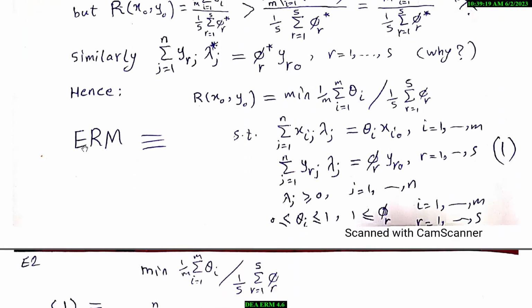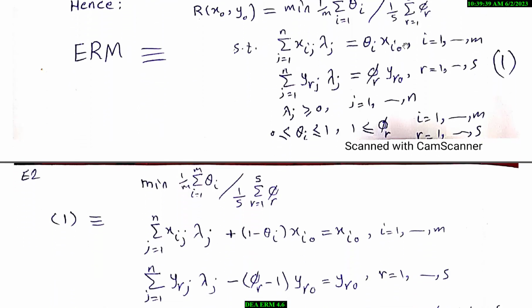That means ERM is equivalent to a model where we change the inequality to equality in the main constraints. So we have ERM is equivalent to this.